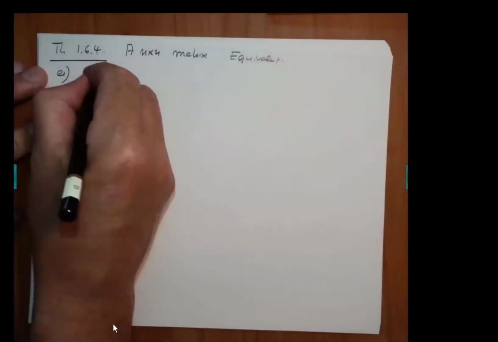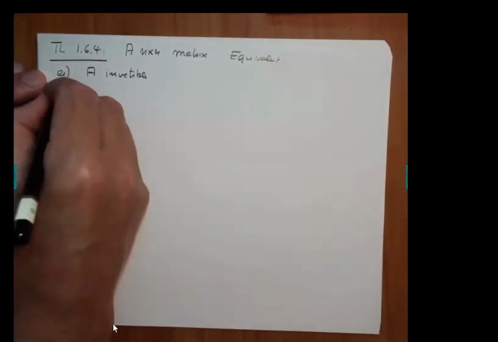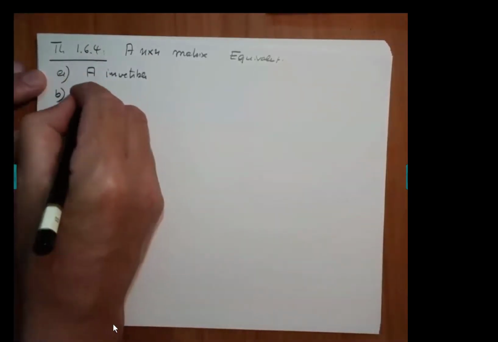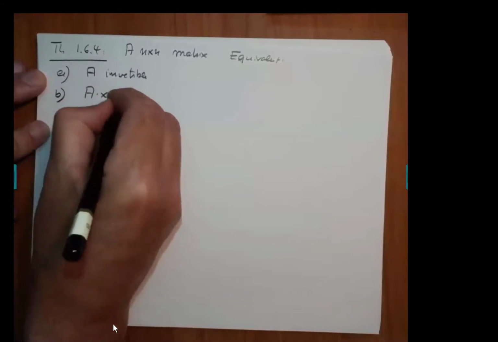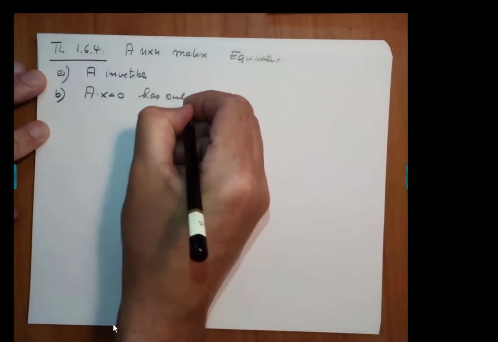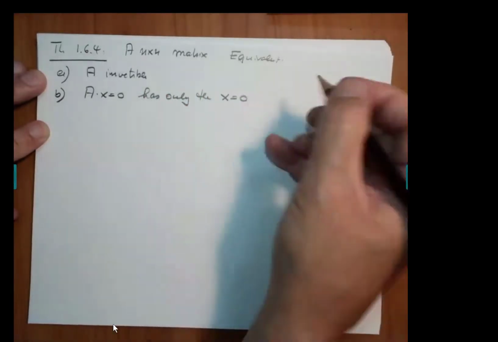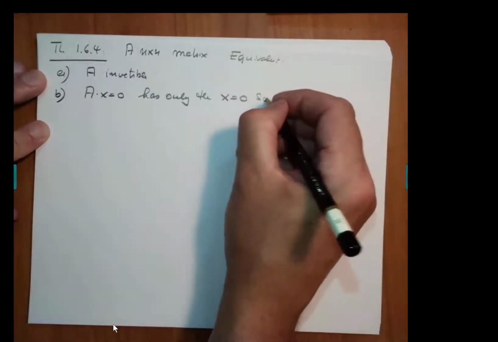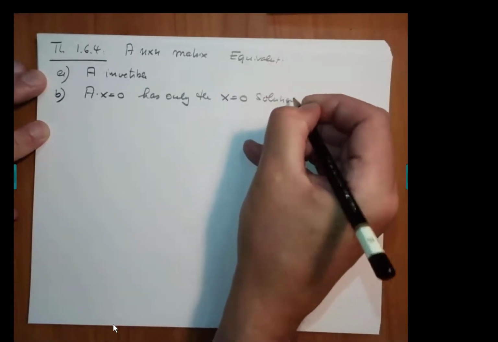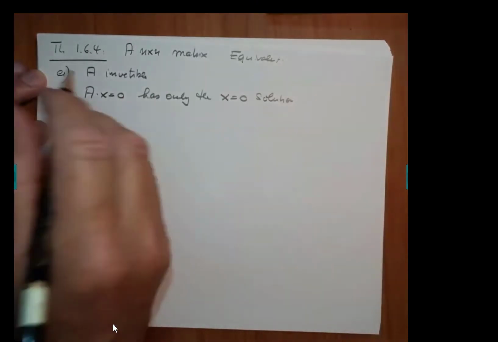So A is invertible. B, A times x equal to 0 has only the x equal to 0, the trivial solution. So the homogeneous system has only the trivial solution.